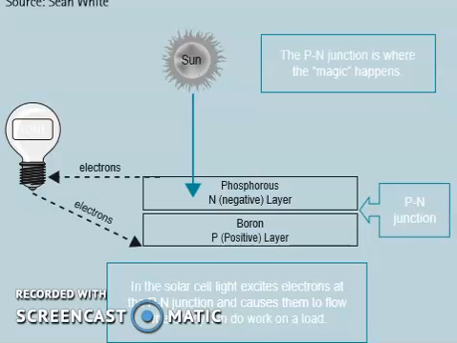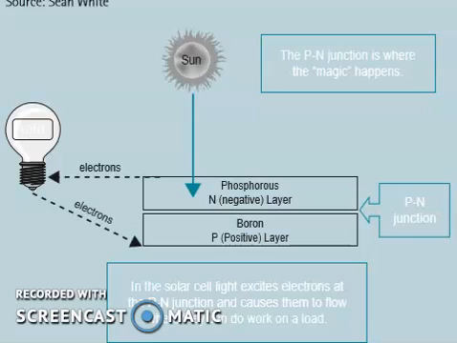This creates a p-n junction, and when sunlight falls on the cell, the electrons get excited and start traveling through this p-n junction, which causes the flow of electricity. So this is how the solar cell creates a flow of electrons.